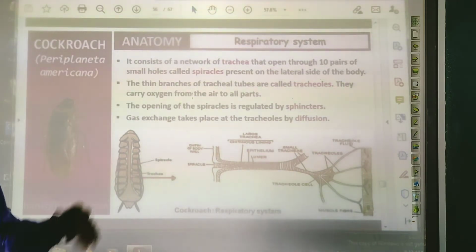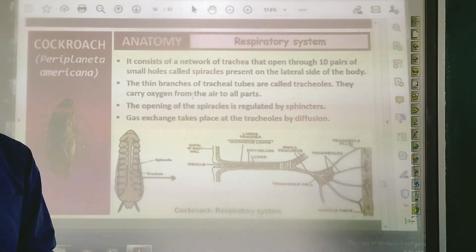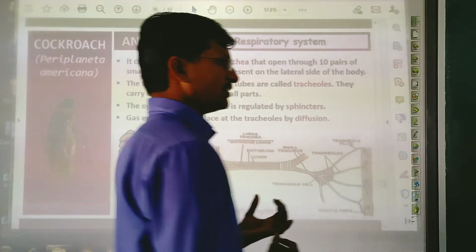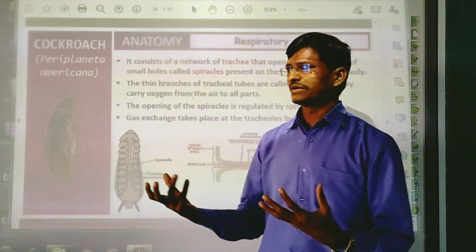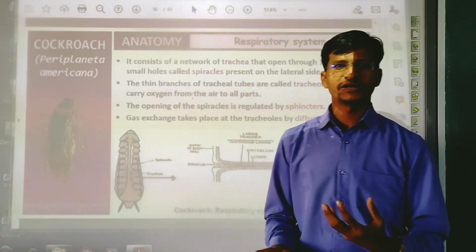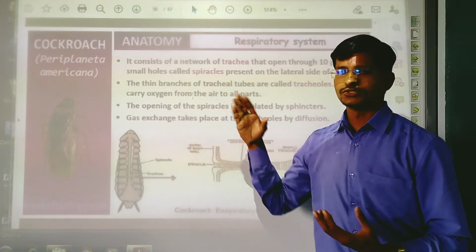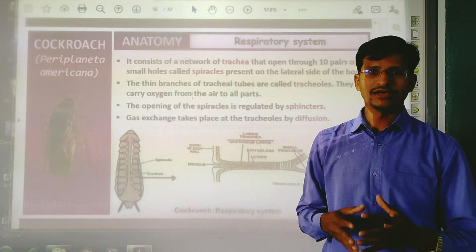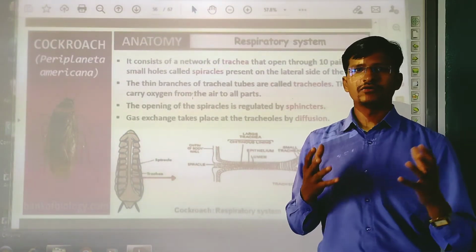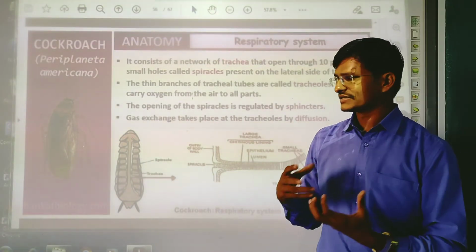They carry oxygen from the air to all parts. The same mechanism what we have. We are also taking oxygen from outside and releasing carbon dioxide. The same thing they are also doing. So here they have spiracles. We have alveolar sac. Okay, so that is the difference.